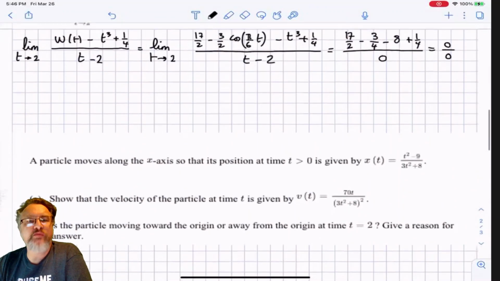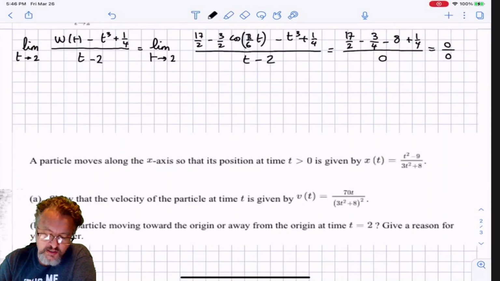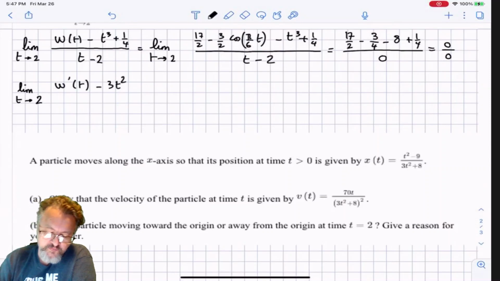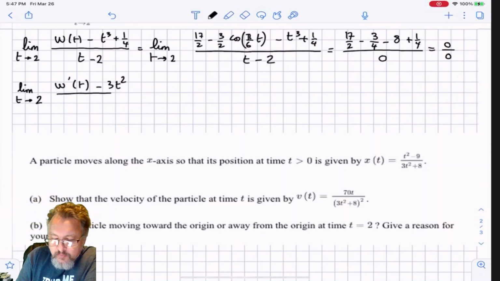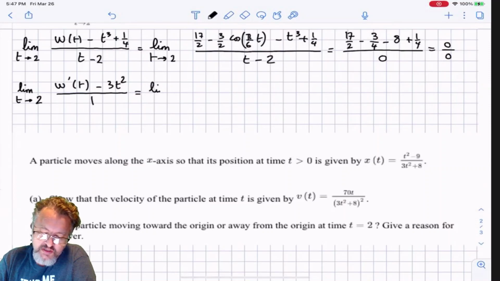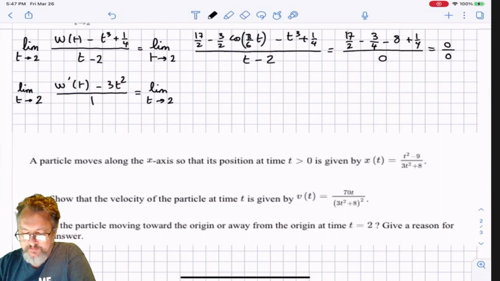We know L'Hopital. We have studied L'Hopital. So this is an indeterminate form, which tells me that this limit will be equal to the limit as t approaches 2 of w prime of t minus 3t squared over 1. Okay, that means it's going to be the limit as t approaches 2 of w prime of t minus 3t squared.